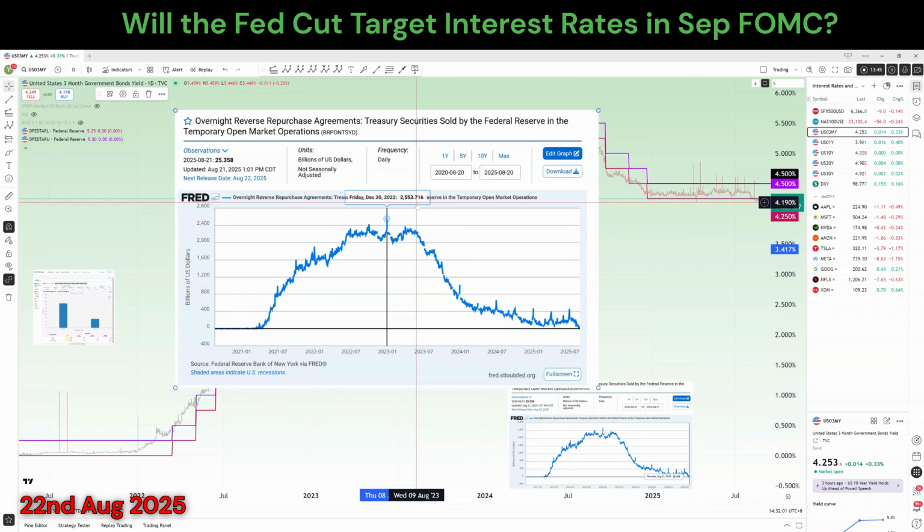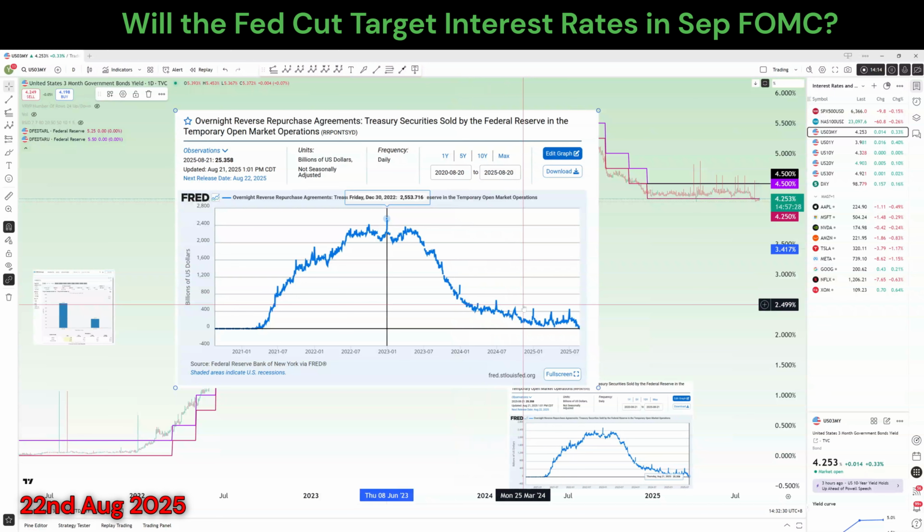They can tap into this facility, which has been paying 5 point something percent, and I think for the past year it has been paying 4.25 or something. When this happens, it restricts the money supply, and that peaked in December 2022. Since then, you see that this balance has been going down.